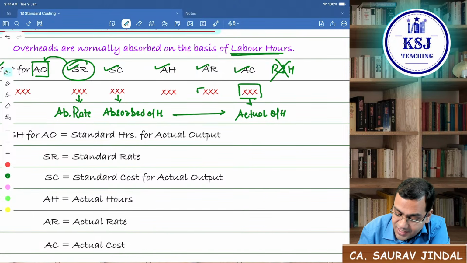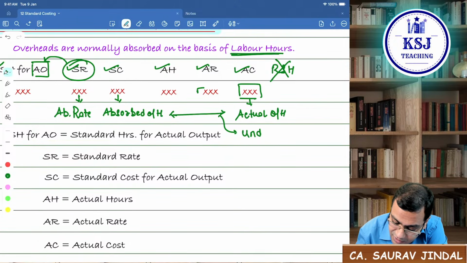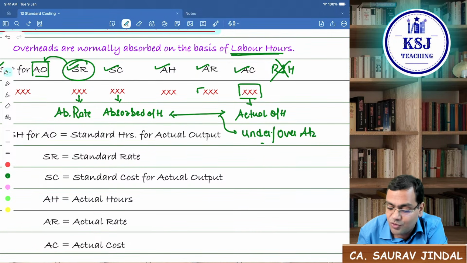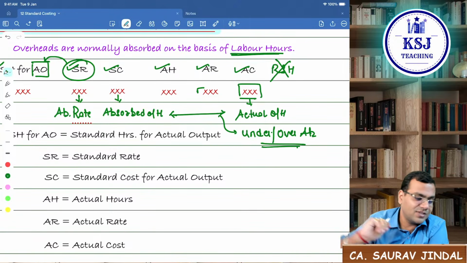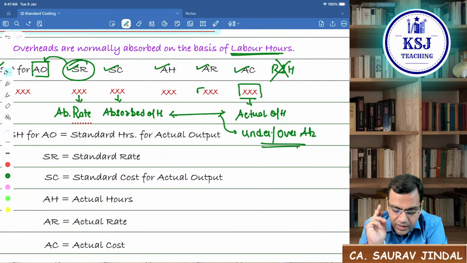Now, if there is a difference between the absorbed overheads and the actual overheads, we get under or over absorption. Although here we will not discuss under and over absorption, just as we have done in the chapter of overheads. Clear? So the standard rate represents your absorption rate.